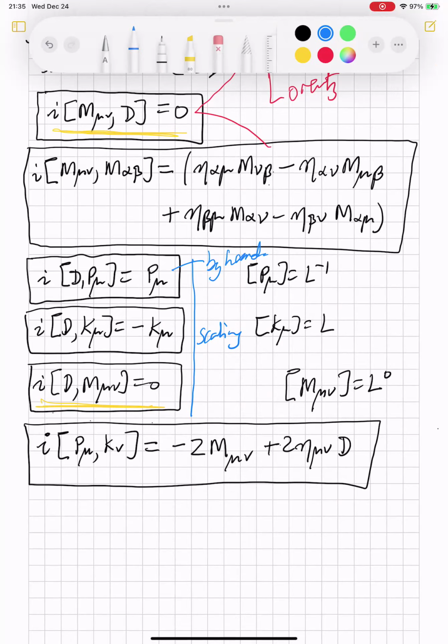But once you've done it by hand, knowing that the dilatation operator's actions are related to the dimension of the things that it acts on, you could easily get the next 2 commutators, D comma K mu and D comma M mu nu, by using a scaling argument. And then finally, this last one, you would need to do by hand. But these arguments based on scaling and based on Lorentz invariance are particularly useful because they give you a nice conceptual understanding of why the commutators look the way they do.